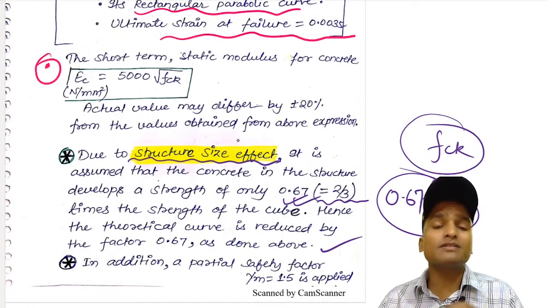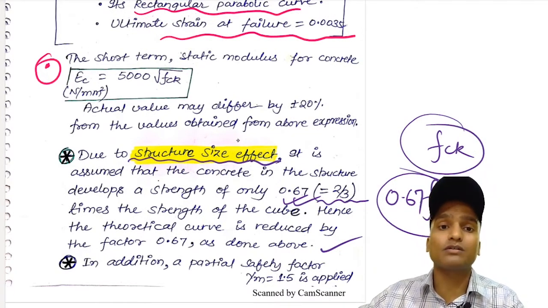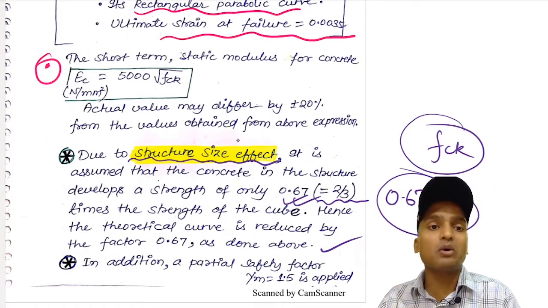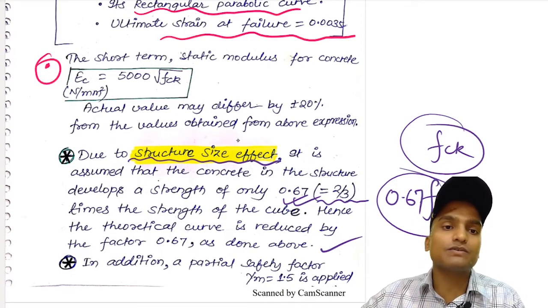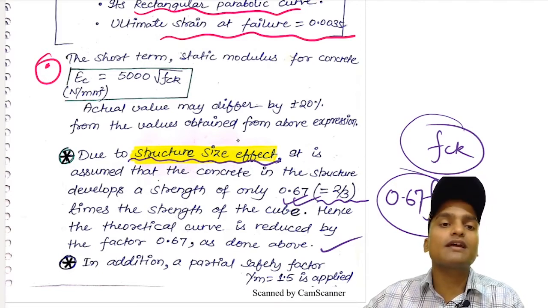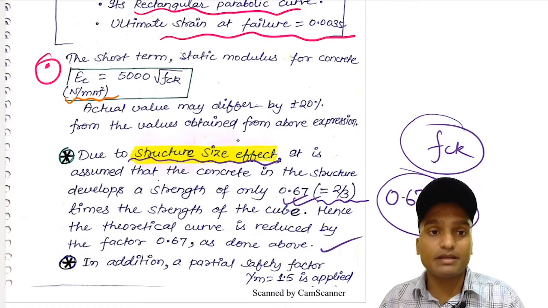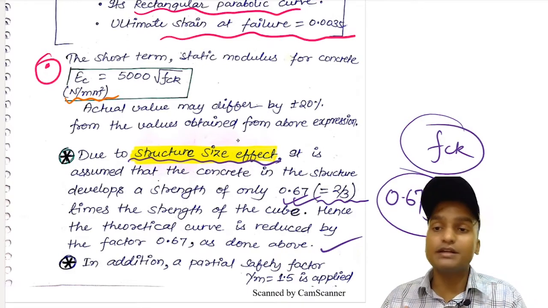Next, the short term static modulus of concrete. What is the short term static modulus? For the time being, you can understand that the elastic modulus of concrete is equal to 5000 into root under FCK, and the unit is Newton per mm square or megapascal. Now you can see that the elastic modulus is calculated here.